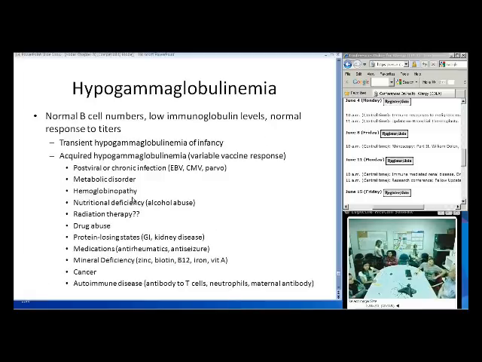This is where I really struggle to decide when someone needs to go on immunoglobulin replacement, but typically they present themselves one way or the other with multiple infections. But if you have normal numbers of B cells, good response to titers, and it's just isolated low immunoglobulin levels, make sure you're doing a very, very good workup for secondary causes of immune deficiency before you declare them primary immune deficient.